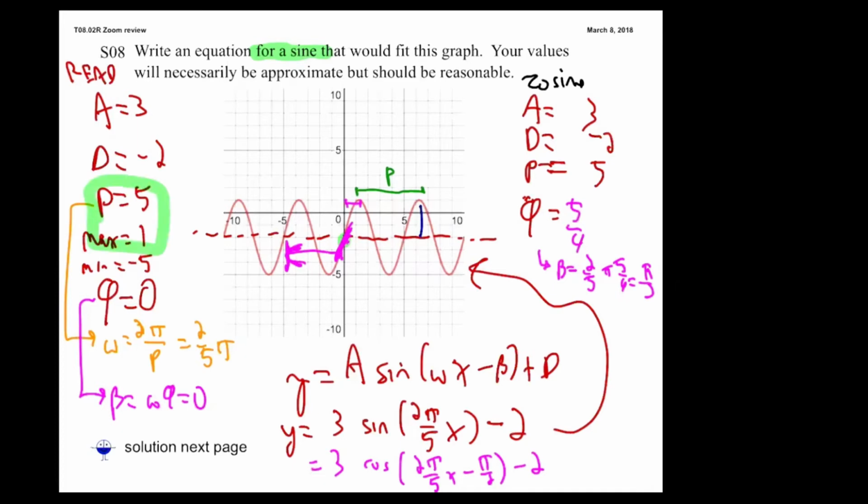Shifted by a period. So you would get 2 pi. Beta, you'd get 2 pi. By convention, the phase shift should be between 0 and less than 1 period.